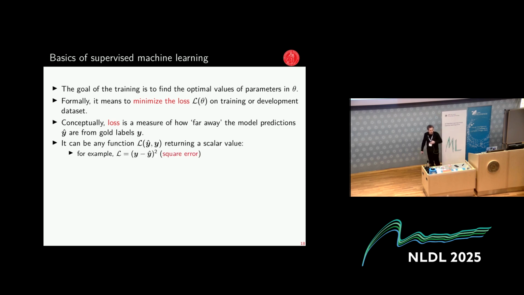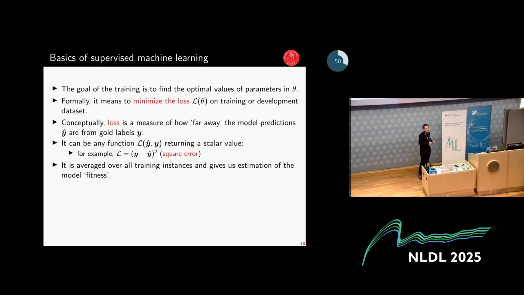We can use lots of different loss functions, but one of the simplest ones is the square error, where we basically just check the distance between the prediction and the correct answer, and then take the square of it, right? Then we average this loss across all the training examples, and this gives us an estimation of how fit the model is to the data.